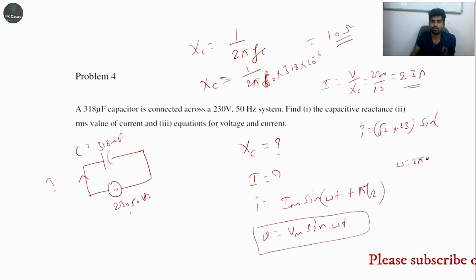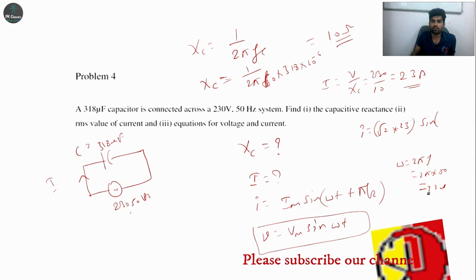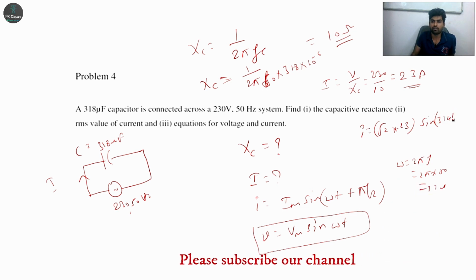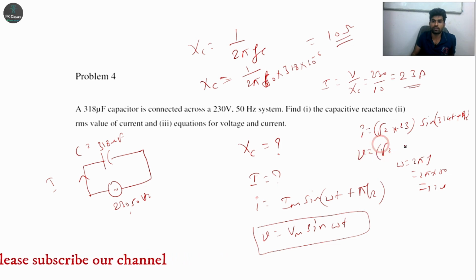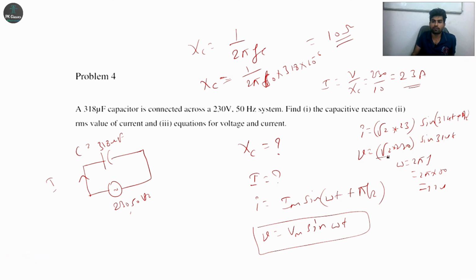Omega is equal to 2 pi f, so 2 pi into 50 gives 314. So the current is root 2 into 23 sin(314 t plus pi by 2), and voltage V is equal to root 2 into 230 sin 314 t. This is the equation of voltage and current. You can also multiply root 2 into 23 directly using a calculator.